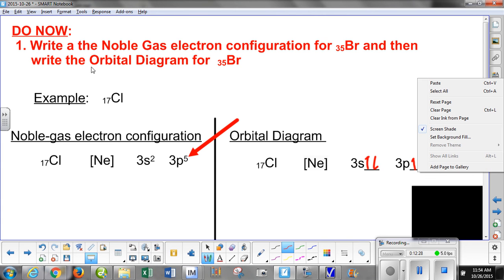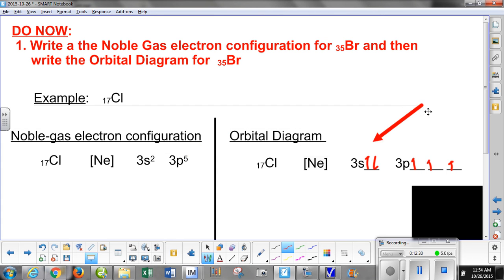And this guy right here is my sublevel. It's a 3p sublevel. But all p sublevels, 2, 3, 4, 5, 6, and 7, they all have 3 orbitals. Okay? Now I've used up 3 of my 5, so then I do what? Go back and put my down arrows, and I need 2 of them, and I'm done.